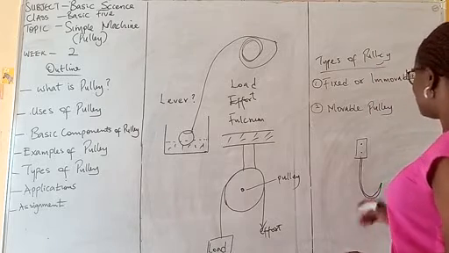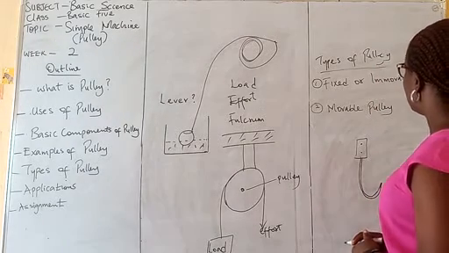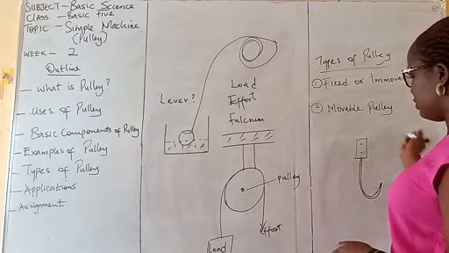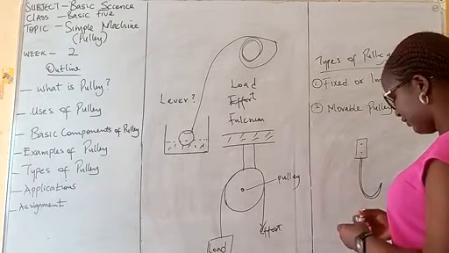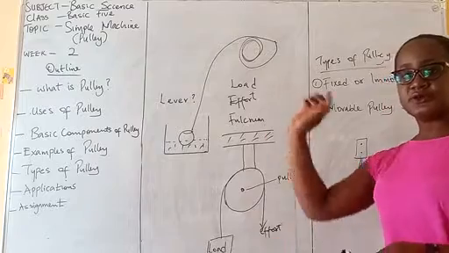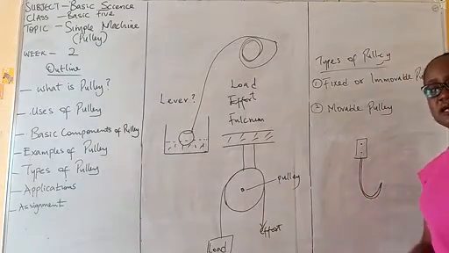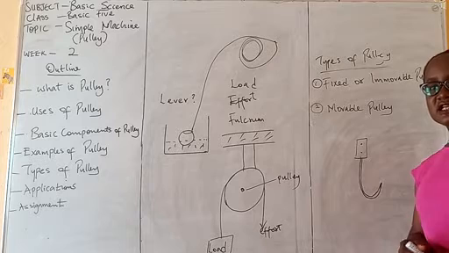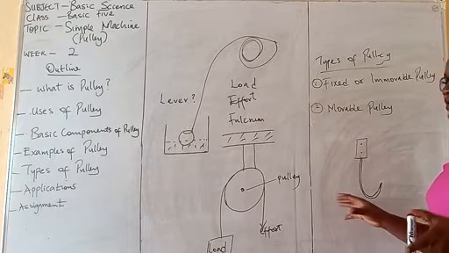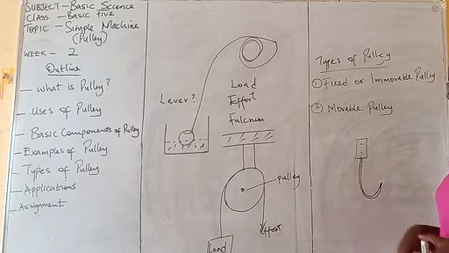So you have something like this, like a hook, and of course you have your load and your effort, and this is what goes to hook, or to pick the load, and then from there you can drag it up.